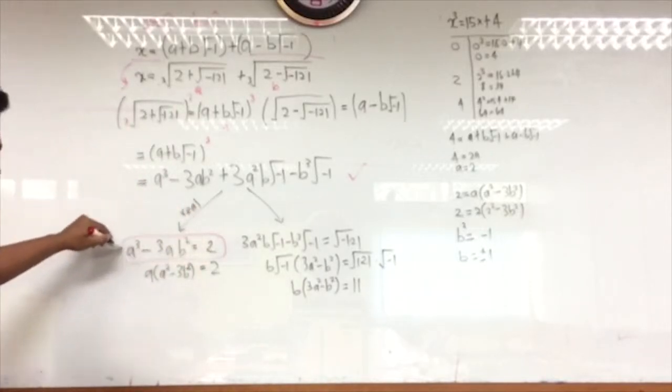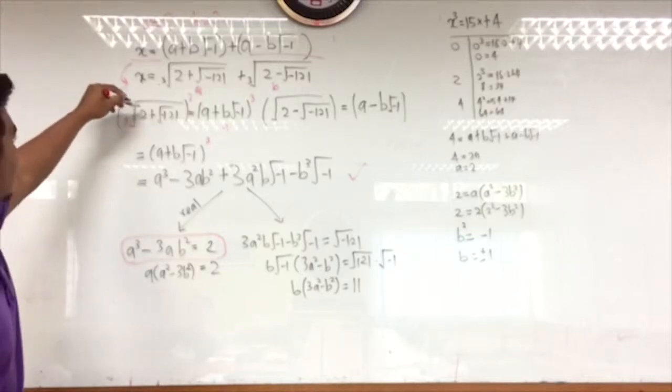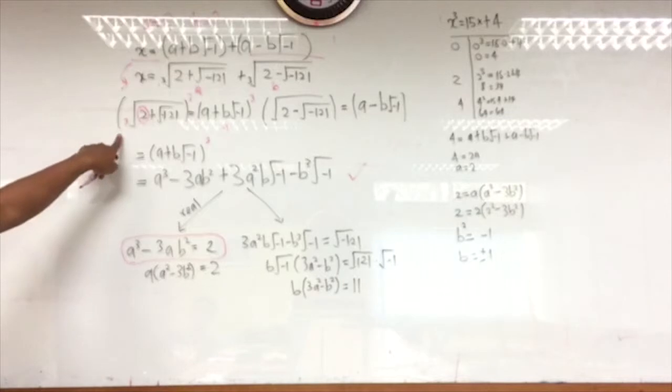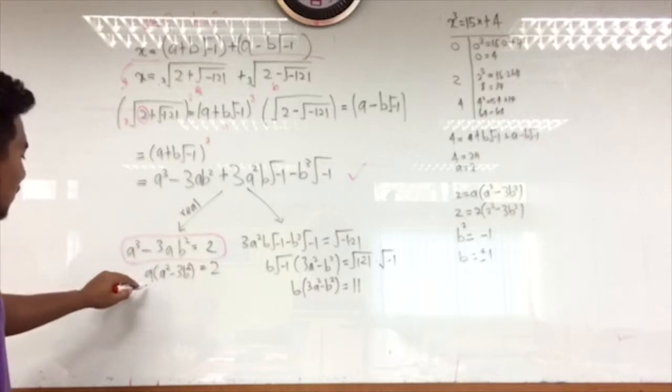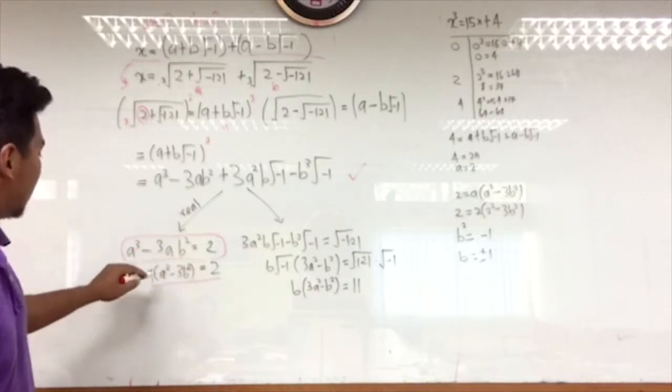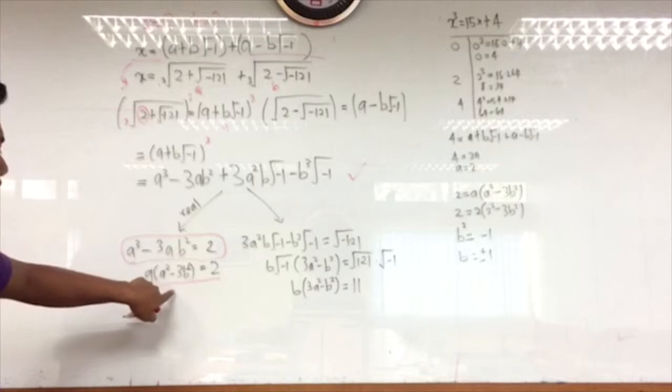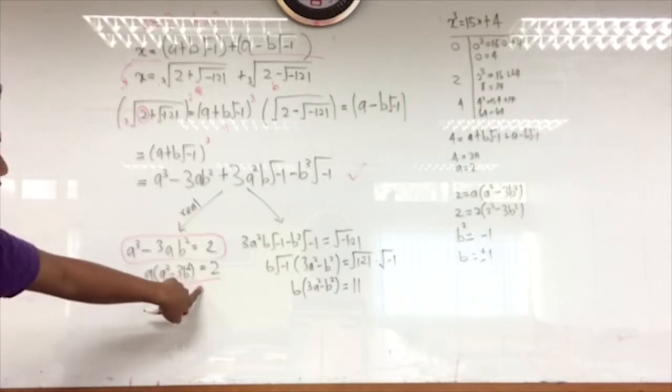First, this equation is equal to what we can get from our general equation in the given Bombelli solution before. Then I solve it and simplify it into this form, which is a times (a squared minus 3b squared) equal to.